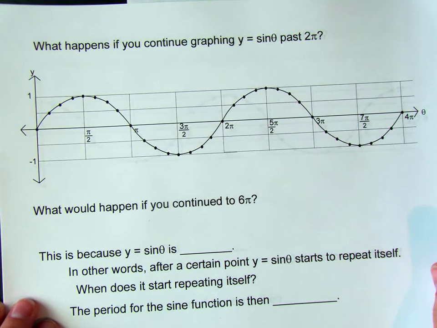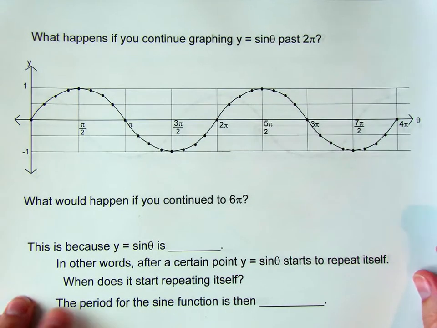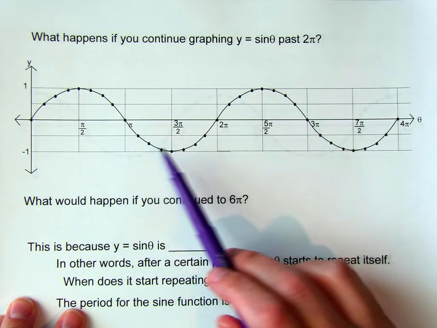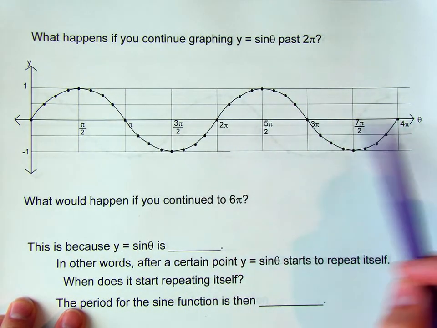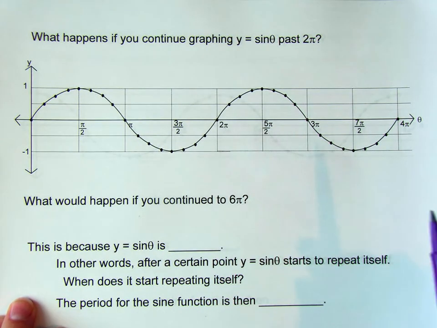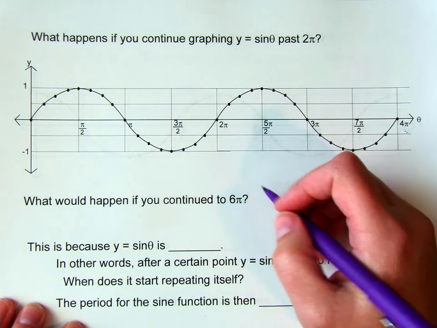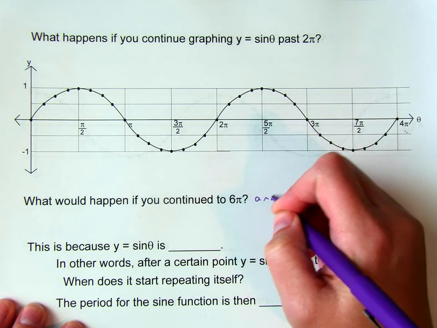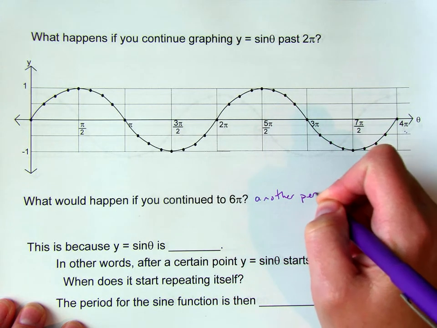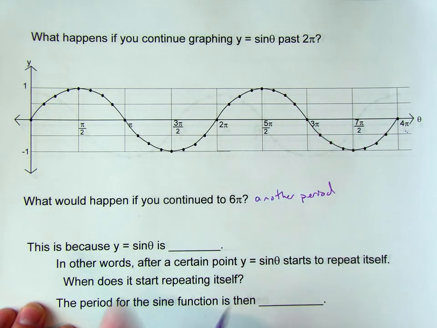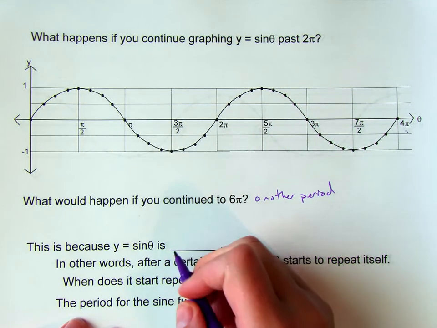All right. As we've already mentioned, if you continue graphing y equals sine theta past 2 pi, we get repeats. And what would happen if we continued on to 6 pi for our x-axis? Well, we would fulfill another period. This is because y equals sine theta is periodic.